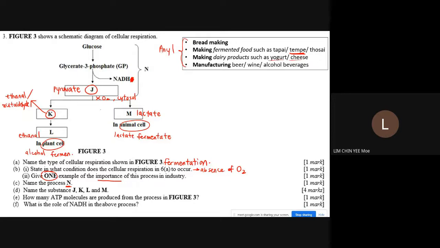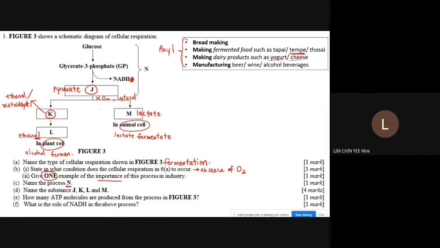Tapi you pun kena tahu ada nama lain acetaldehyde. Kalau dia keluar dalam exam, dia tulis acetaldehyde, at least you know what it is. And that's all. J, K, L, and M. So now J ialah pyruvate, K ethanol or acetaldehyde, L ethanol, and then M lactate.